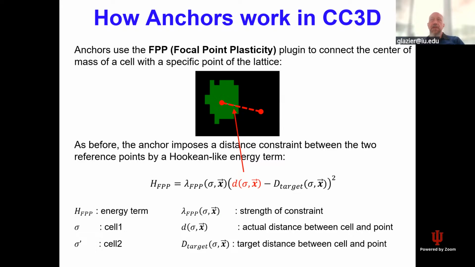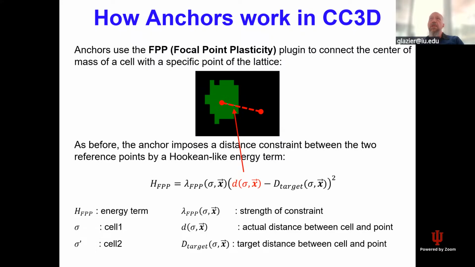So we give the coordinates of the anchor x, y, z, and then we treat it as if that were the center of a cell. So we can make a spring to a specific point in space. For example, suppose the cell is sending out a filopodium, and instead of attaching to another cell, it's attached to the substrate. So that's what we're thinking.